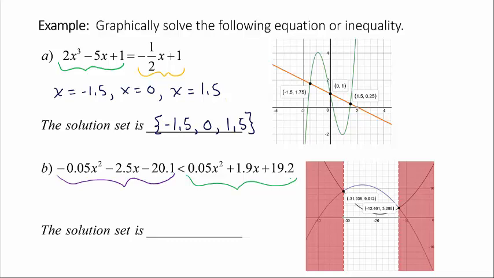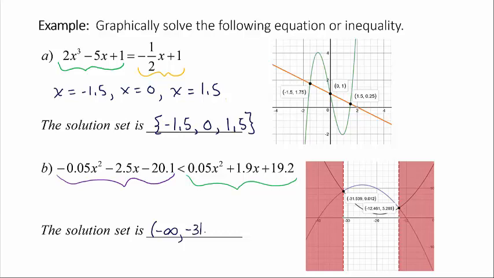So the part that's shaded there is the part where the purple graph is below, or has y values less than, the green graph. So the solution set, the values of x that make that true, I'm going to write as the domain of that shaded part. So negative infinity up to, what's the x value at that first intersection?